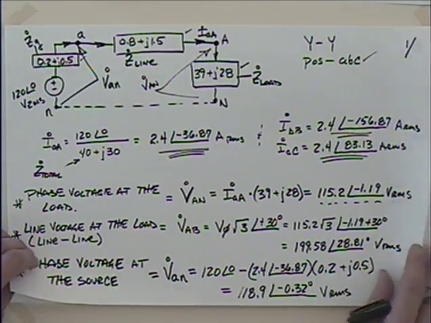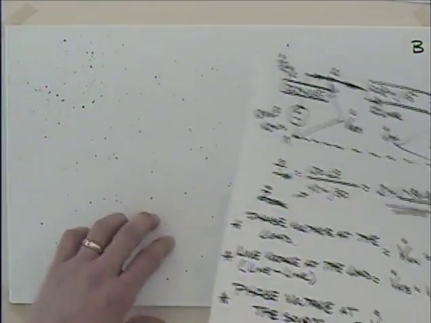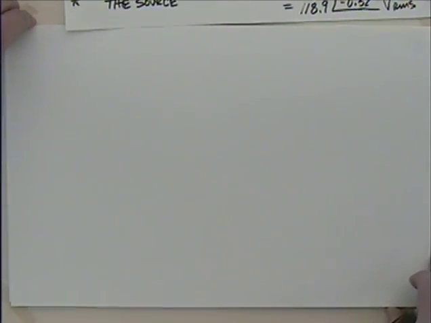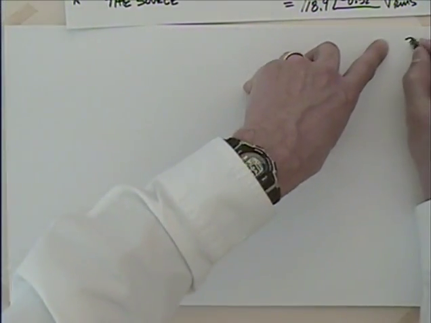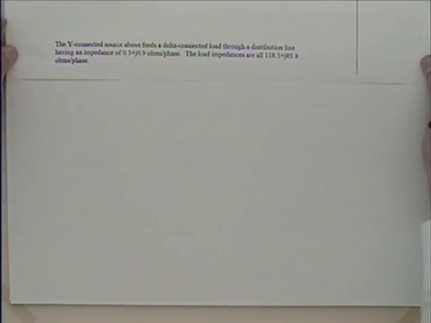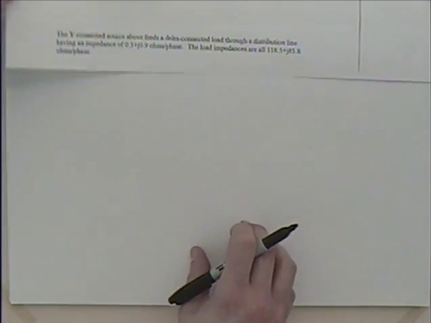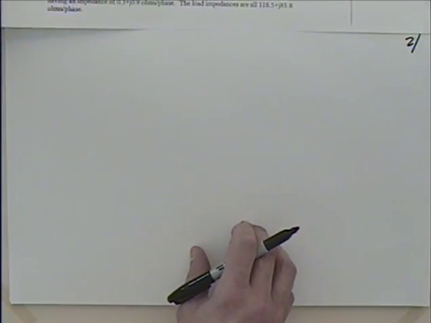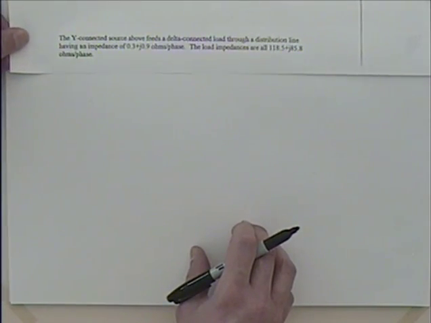Well, let's move on then and tackle the next little twist here. It says the Y-connected source above, the last problem that we did, feeds a delta-connected load through a distribution line having an impedance, and the load is given an impedance. So let me draw this in very schematic form here. I can leave that up there.